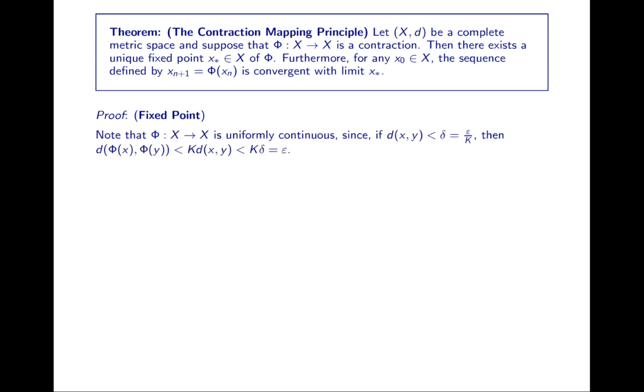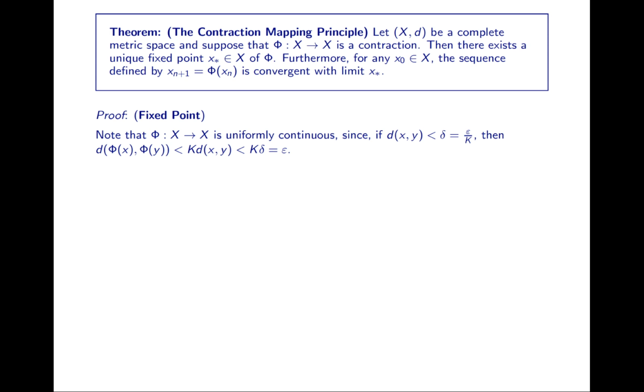Now, note that phi is uniformly continuous. Because if the distance between x and y is less than delta, and I set delta to be epsilon over k, where epsilon is an arbitrary positive number, then the distance between phi of x and phi of y is less than k times the distance between x and y, which is less than k times delta, which is epsilon.